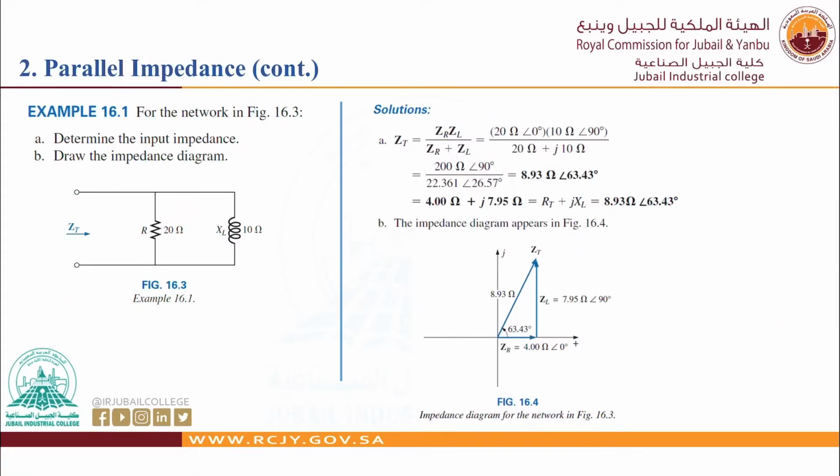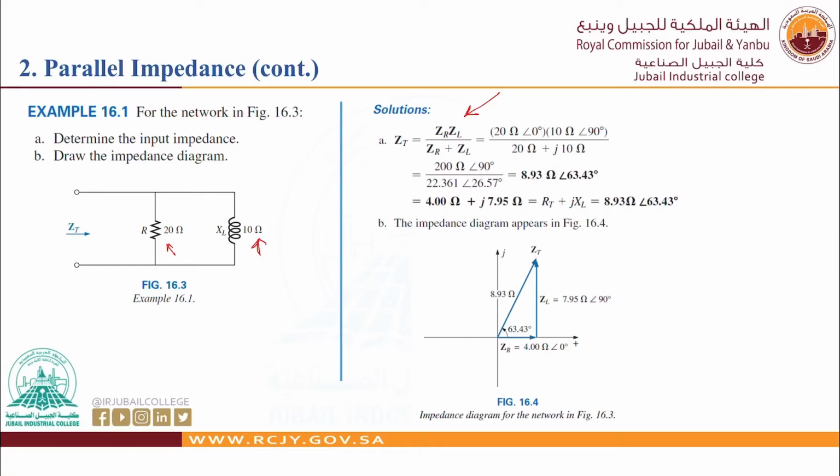Okay, now to find the input impedance, we have here 20 ohm, and we have here 10 ohm as XL. If we have two impedances, just apply this formula, which is to multiply ZR by ZL over ZR plus ZL.